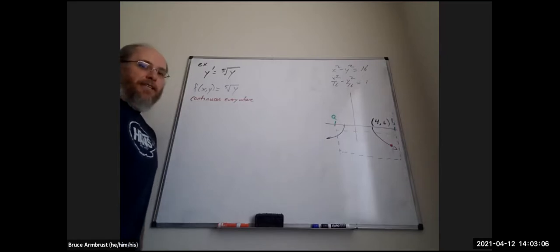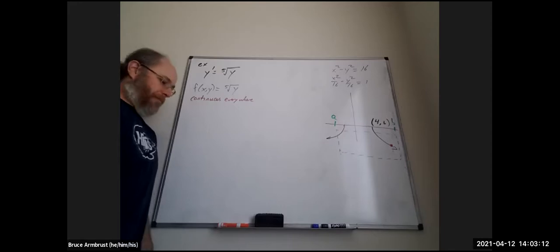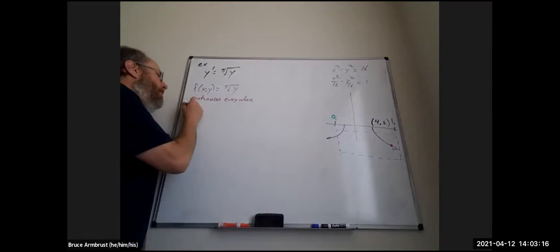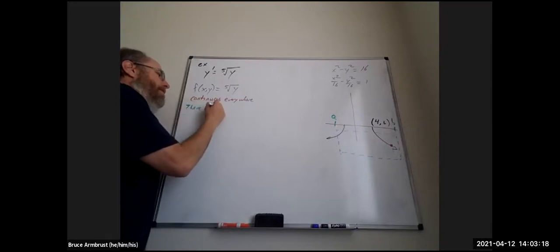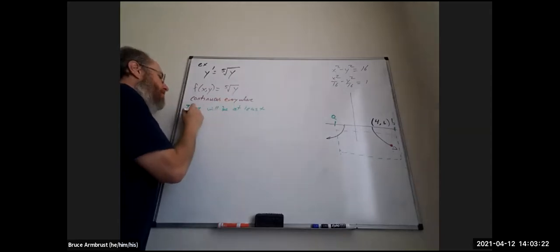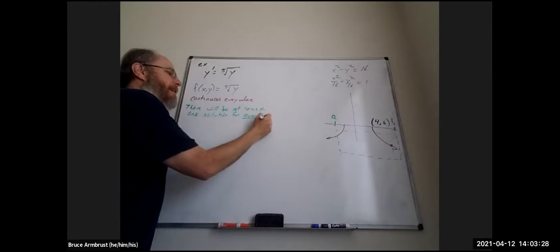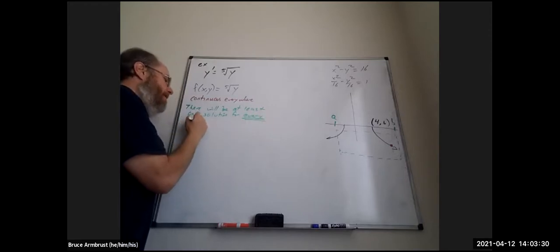So what does our existence uniqueness theorem tell us now? We're guaranteed at least one solution. Yep. So there will be at least one solution, and we just go put here for every IVP.